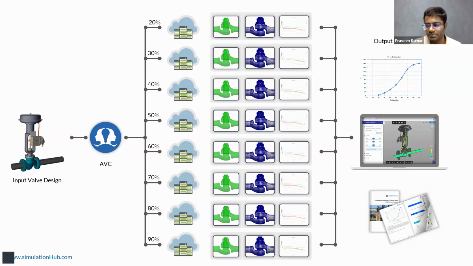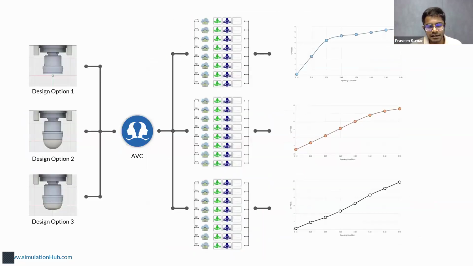So what you get is a CV curve, the quantitative as well as qualitative results, and the report. What Akshay did here is he took three designs at the initial time and started the simulation for all three designs from the same account, same login, and there are no limitations on licenses per se.